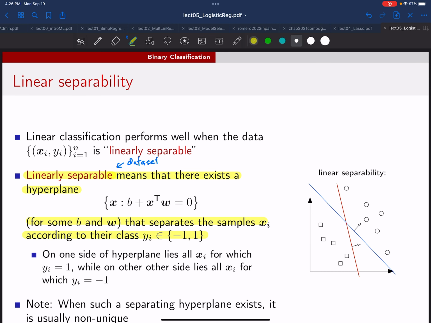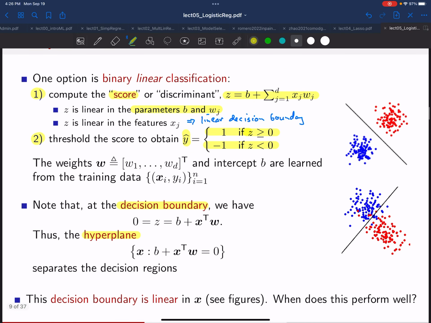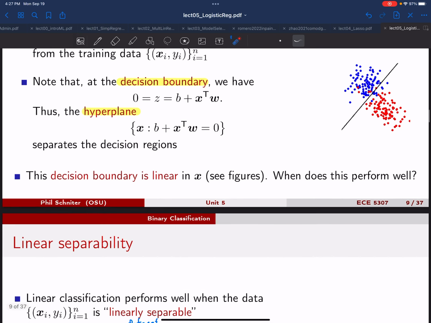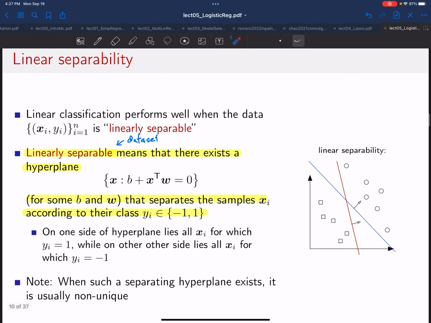So on the previous page, we saw an example of linear separability here, and this is not linear separability. We cannot find any kind of line where everything is perfectly separated into the two classes.